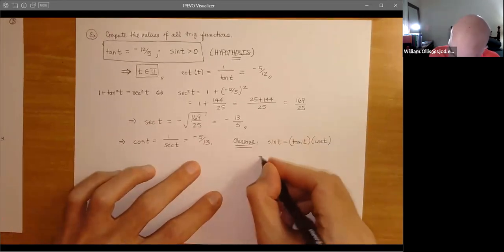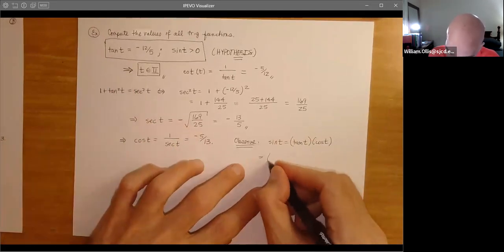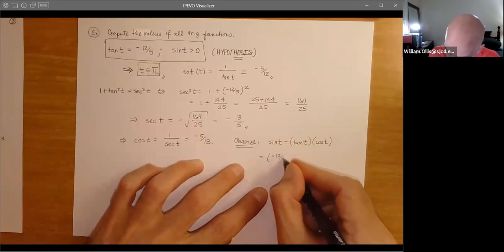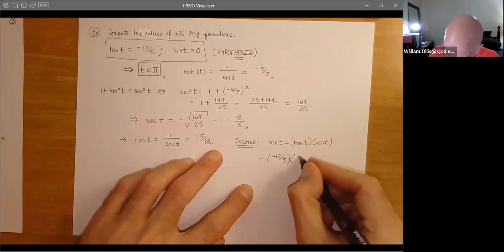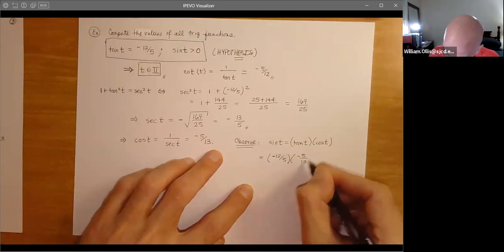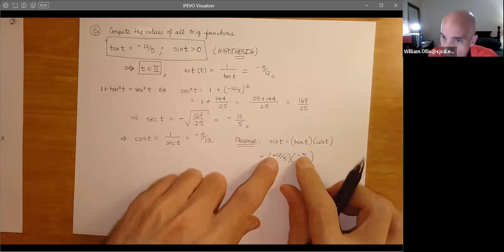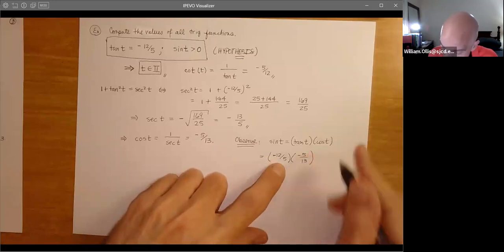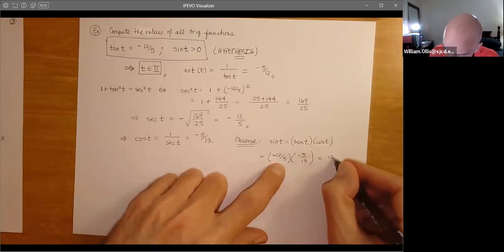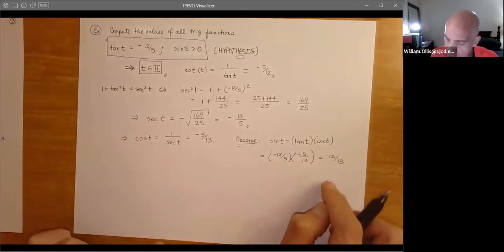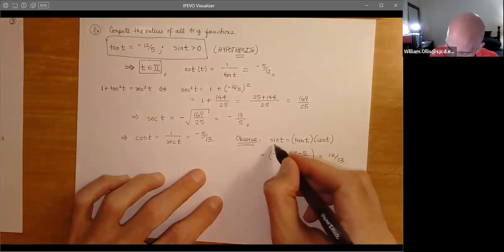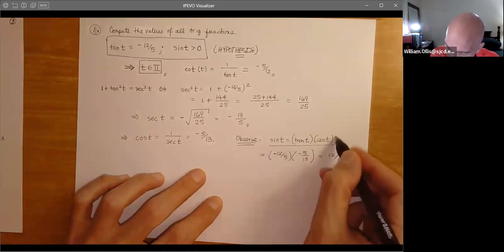So this will say what? Tangent. So we've got -12 over 5. And then cosine is -5 over 13. But of course, now the negatives absorb, and then the 5s absorb, and that gives us 12 over 13 right there. So what's interesting about this is that we don't have to go to another Pythagorean identity.